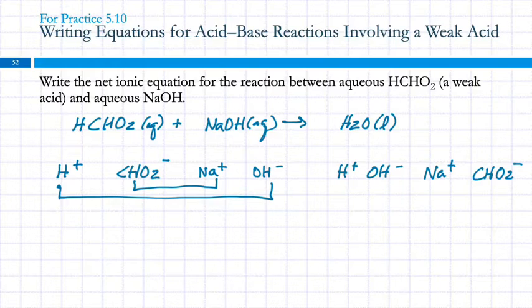We didn't learn how to name that. It's not in your list of polyatomic ions, but it's still a thing. So +1, -1, we just need to put them together to make this compound NaCHO2.